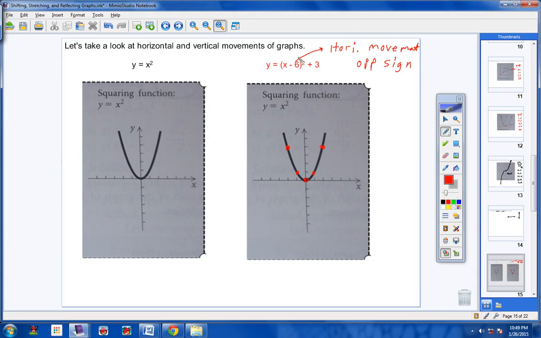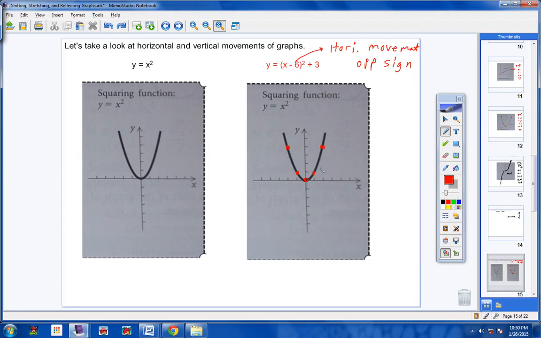So, a number that's being added or subtracted directly to x is a horizontal movement, and you move the graph the opposite of the sign. So, we have a -6 that's being combined directly with the x, so you would think you would move it to the left, 6. However, you move it the opposite of the sign, so we're going to move it 6 to the right.